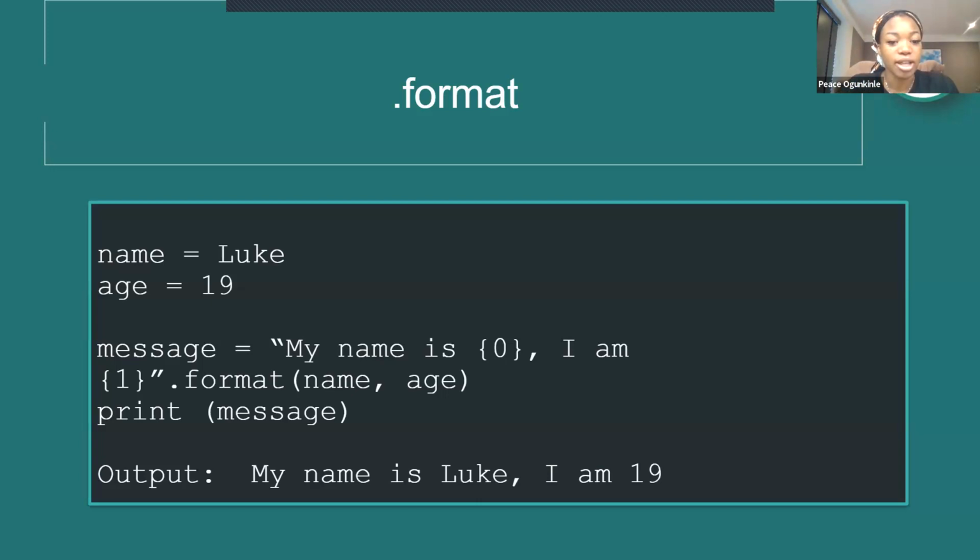So what you're actually printing out is my name is Luke, and I am 19. So it just replaces what's in the curly brackets with what you've put in the format brackets. Hope that makes sense. But yeah, so next slide.